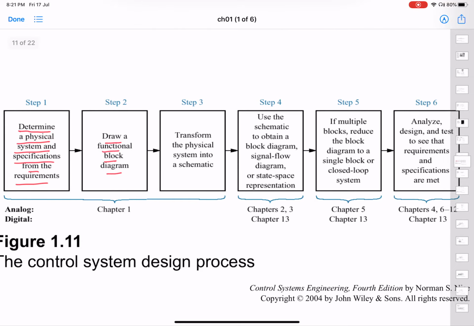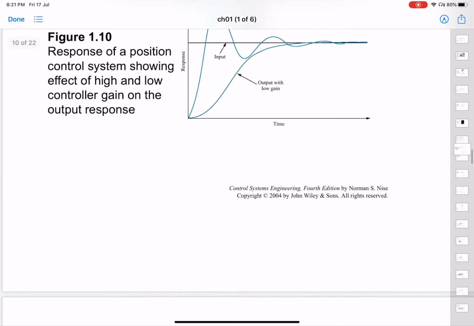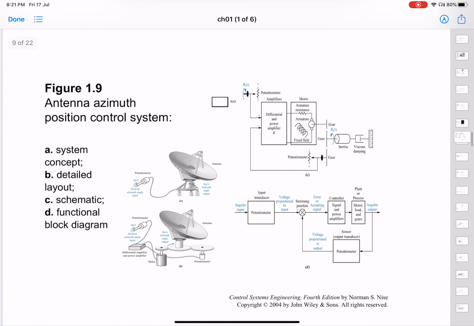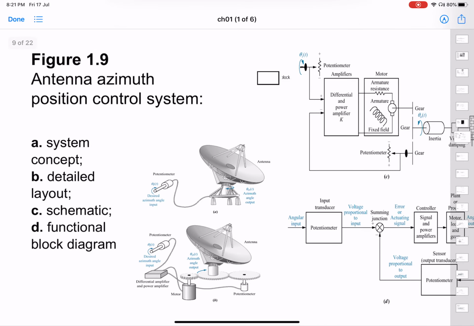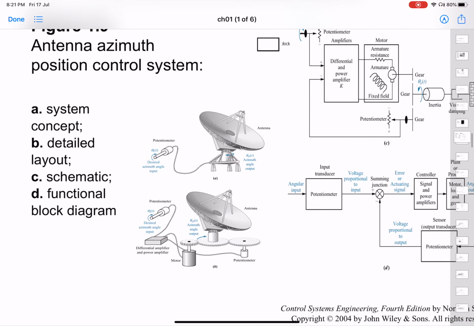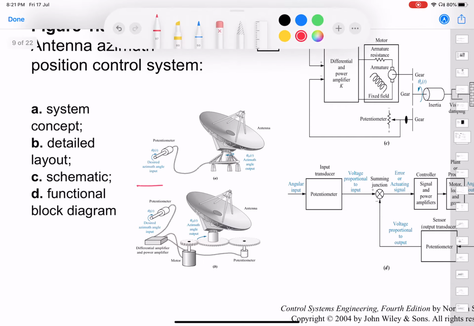An example of the functional block diagram we have already seen. This is the actual one for the antenna azimuth position control system. This is the layout, right? The detailed layout of the system, and the functional block diagram is here.